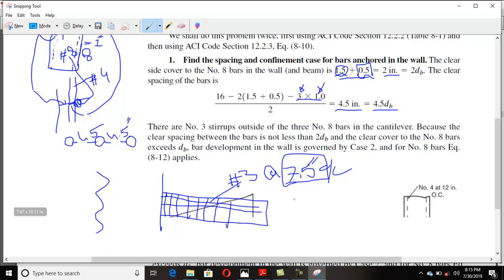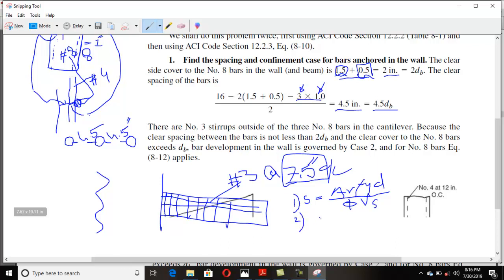So you have to check those criteria. You will learn that S is equal to Av Fy d divided by Vs, okay. This is criteria number 1.